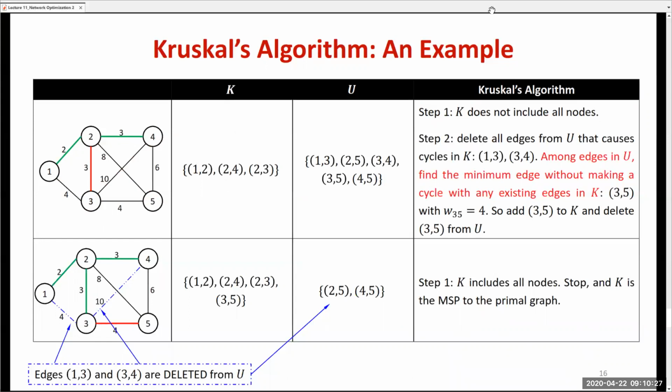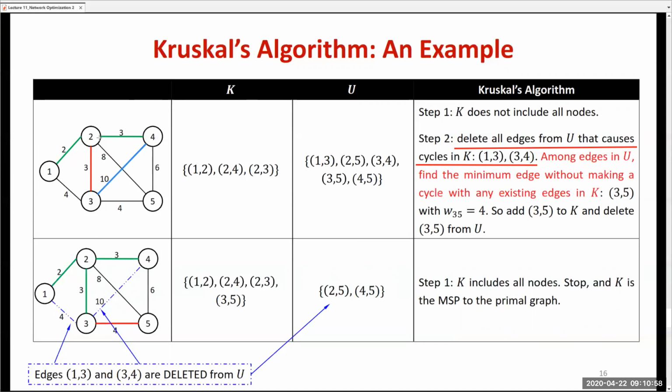Delete all edges from U that are going to cause cycles in K. Be very careful here. We do have edges that are going to cause cycles. Why? For example, consider this edge, 3, 4. See it? If you add 3, 4 to K, what's going to happen?